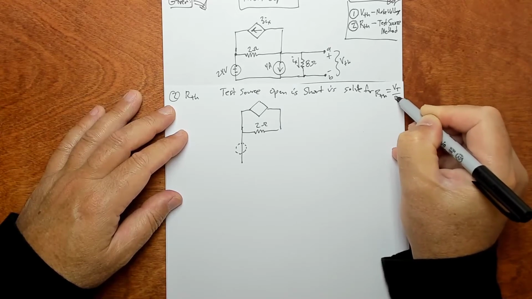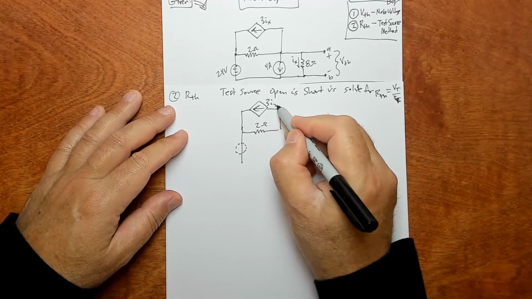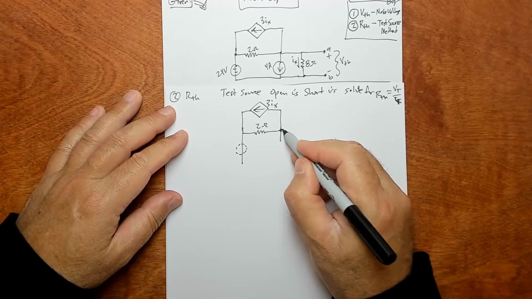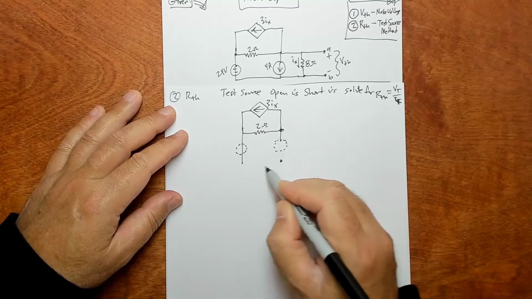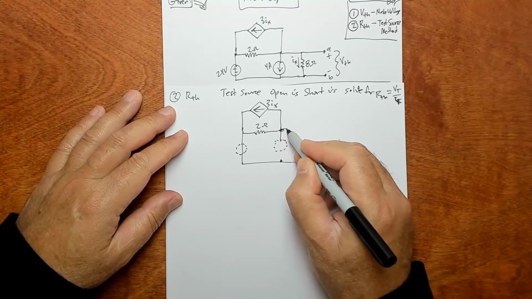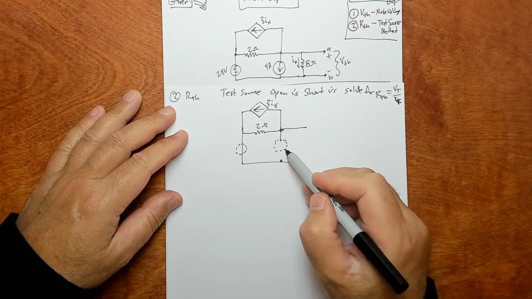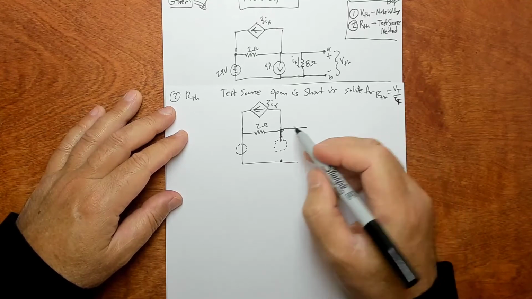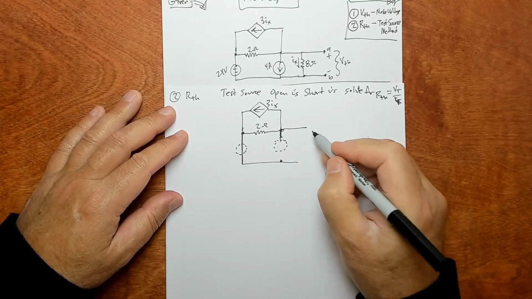Okay, so this becomes open. It's kind of messed up one more time, but this guy is open. It's a current source, an I. So you open it. I didn't mean to draw this wire right there, but you open that I and you short this V.